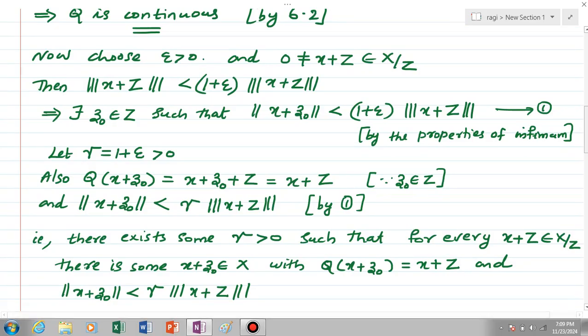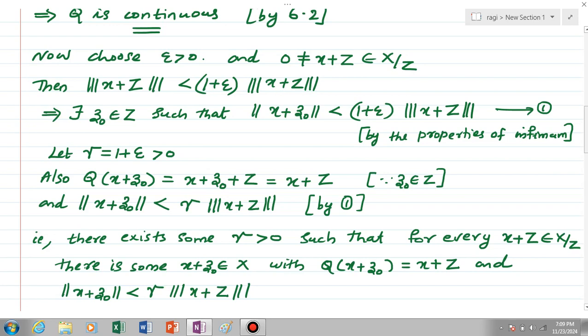Also Q of x plus z0 is equal to x plus z0 plus Z by the definition of Q, and this is equal to x plus Z because z0 is an element of Z. Okay, and norm of x plus z0 is less than gamma into the triple norm of x plus Z by using equation 1.